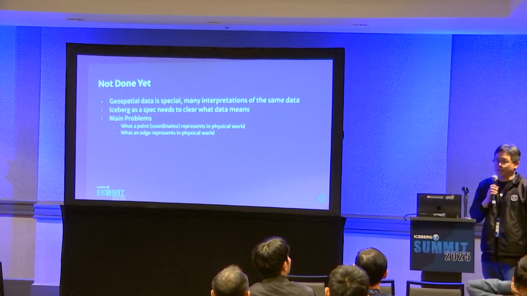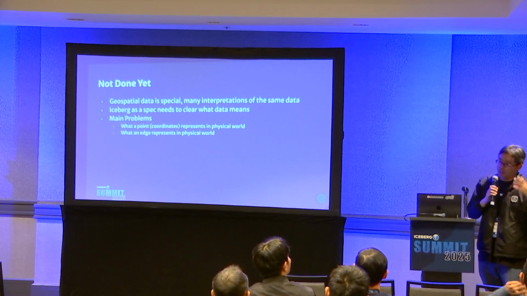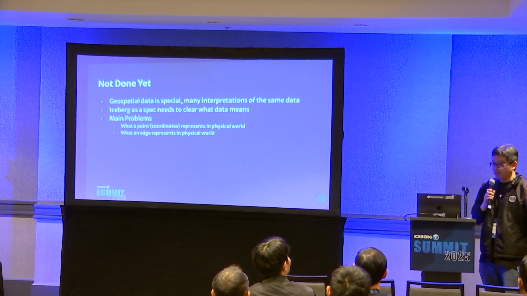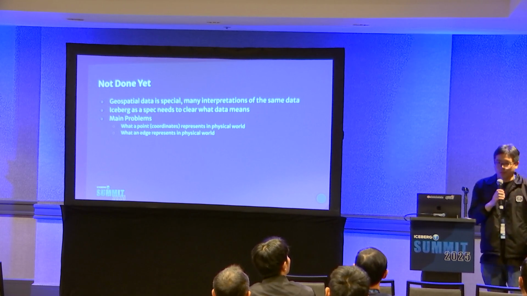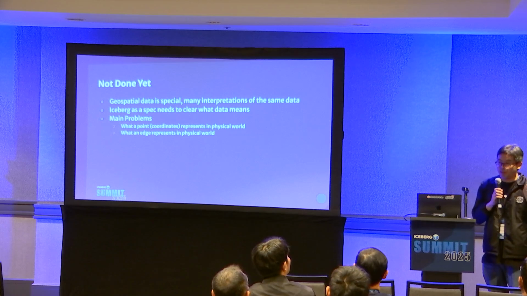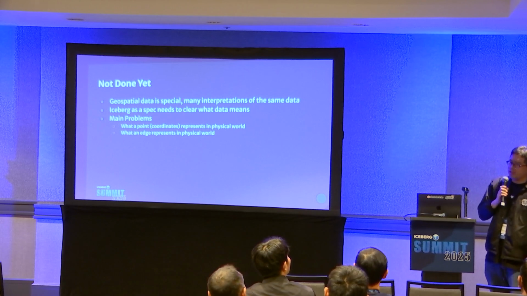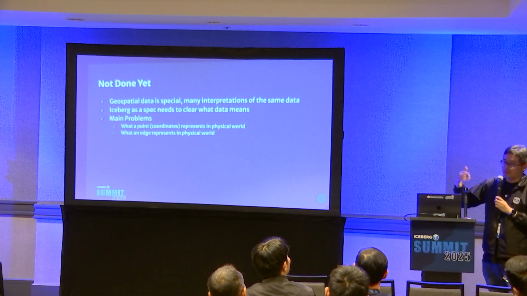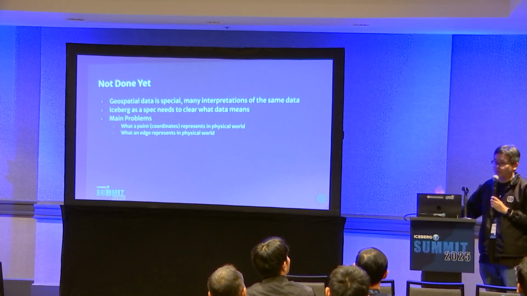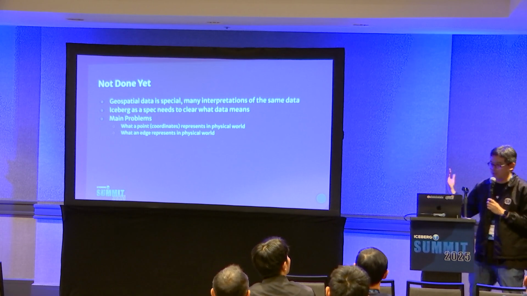We can't be just a dumb storage system, which is what we initially thought: we just store the data and return the same data. But I remember one gentleman in the Iceberg community told me, if you get this wrong, people will die. Because one system writes a coordinate this way, meaning this point, but then if another system reads it and it means another point, then maybe a bomb goes off in another location, something like that.